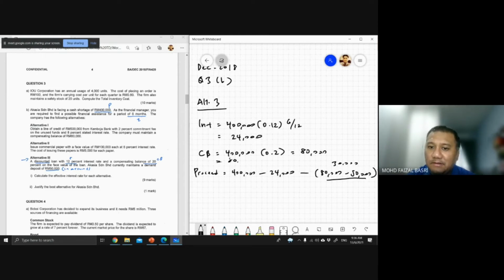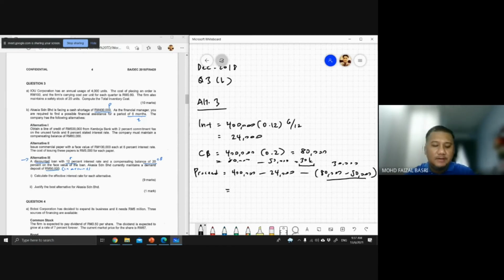80,000 minus 50,000. Because this is in the account, you need to deduct 30,000 only. So mathematically you can use a bracket here to represent the 30,000, or else if you're afraid of being confused, you deduct the 50K beforehand as your in-account balance. So the CB you have to deduct is only 30,000 ringgit.